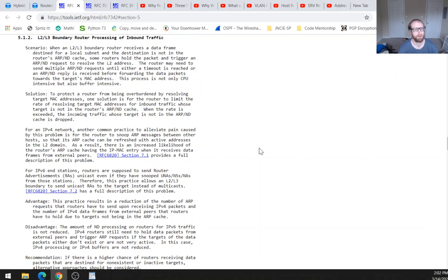L2/L3 boundary router processing of inbound traffic. Scenario: when an L2/L3 boundary router receives a data frame destined for a local subnet and the destination is not in the router's ARP/ND cache, some routers hold the packet and trigger an ARP/ND request to resolve the L2 address.